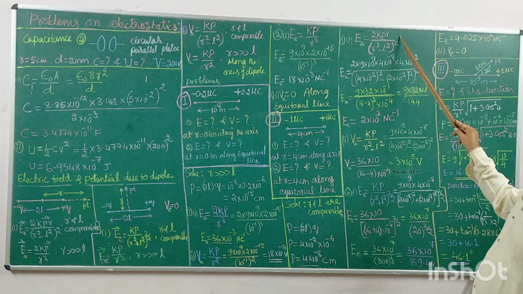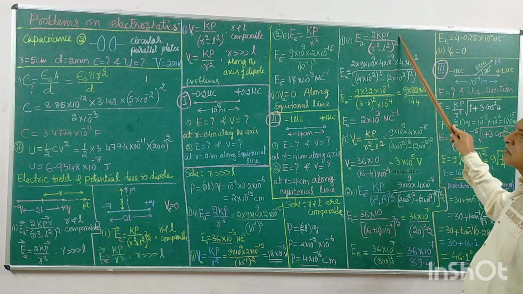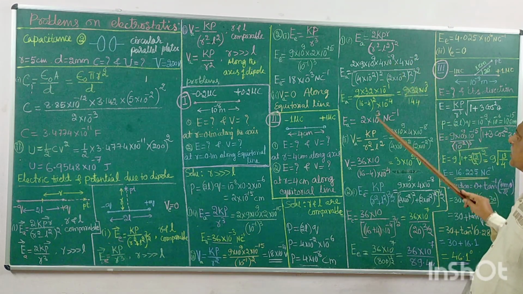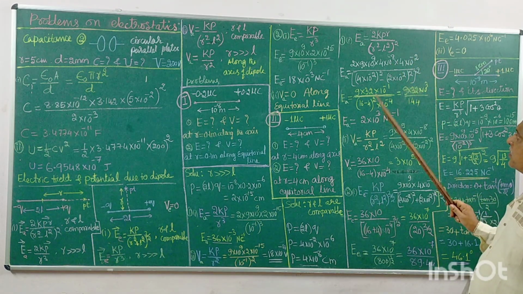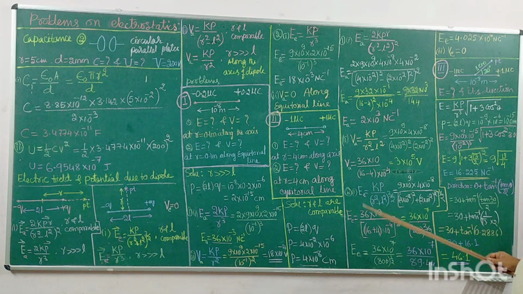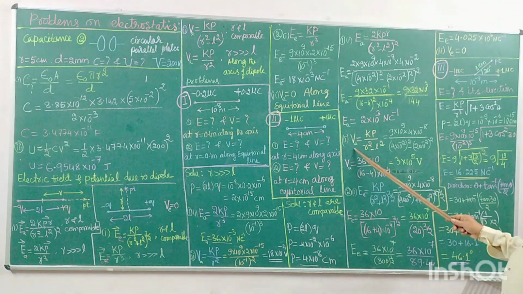Look here, selection of equation is important. This is the one. Then substitution, simplification, and taking all of them in SI units. This is the value you get in SI. Similarly, along the axis, potential is not 0, right? What is the equation here?